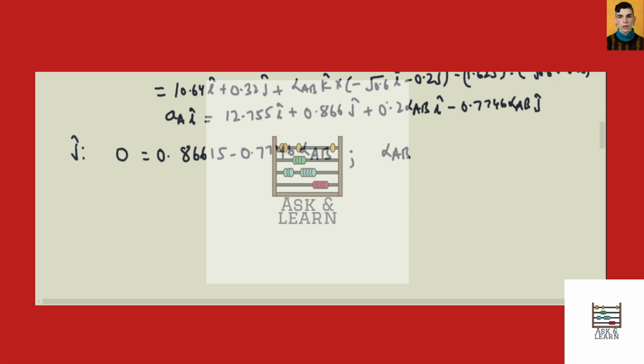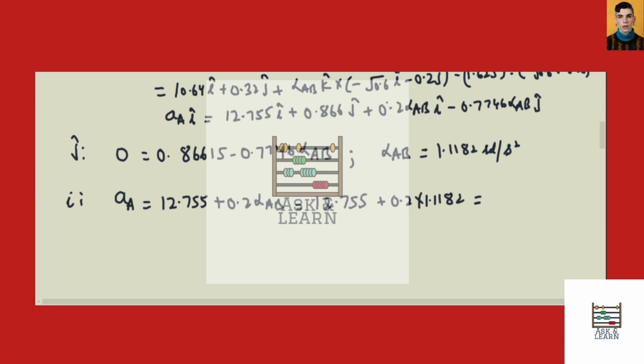So alpha AV you will get 1.1182 radian per second square, and if you equate the x component, you will get 12.755 minus 0.2 alpha AV, and alpha AV we have calculated. So this answer will be 12.98 meter per second square. So the answer of acceleration A will be 12.98 meter per second square along i cap.